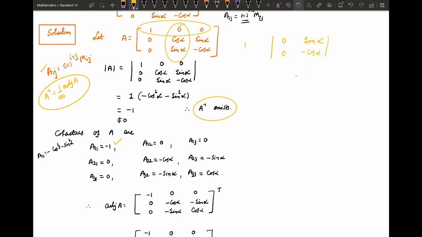This is actually the minor and we will give it a sign, but this is 0. So A12 is 0. Minus 1 raised to i plus j into Mij, that is your Aij cofactor. So A12 is 0.